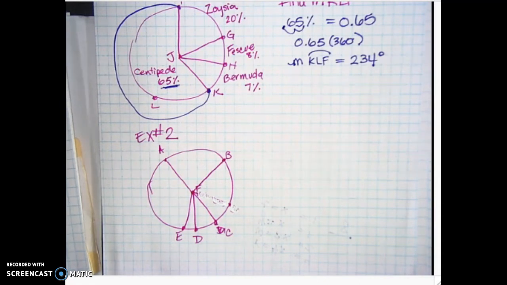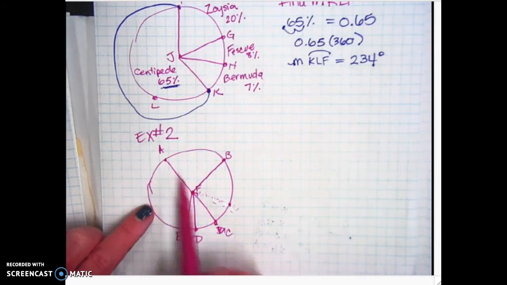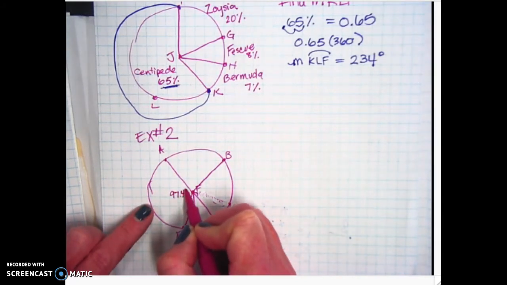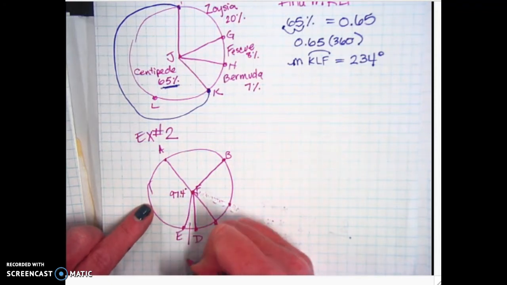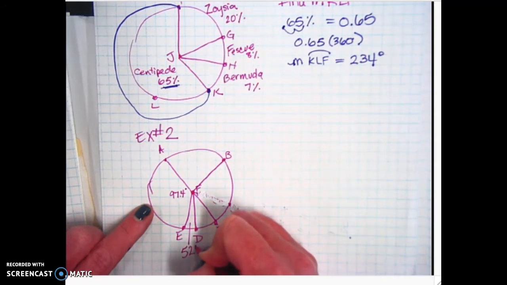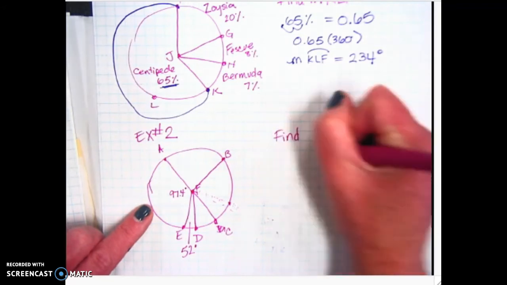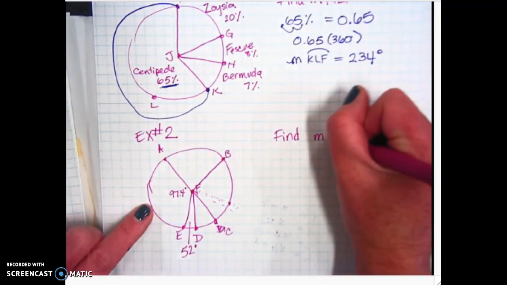All right. Now let's fill in some measurements. We've got AFE is 97.4 degrees, and EFD in here is 52 degrees. So we're going to be asked to find the measure of arc BD.